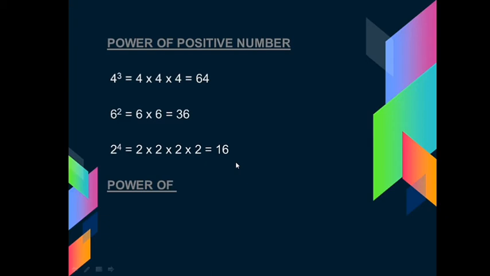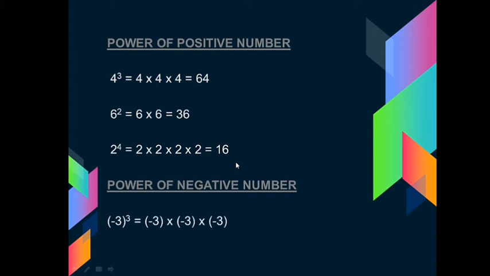So when power of a negative number is given, how will we write it? That is minus 3 raised to the power 3 equals minus 3 into minus 3 into minus 3, which equals minus 27. So what is given here? Minus 3 is a base which is a negative number and its exponent is given 3, which is a positive number, plus it is an odd number.